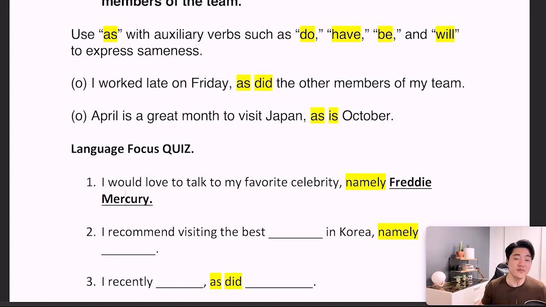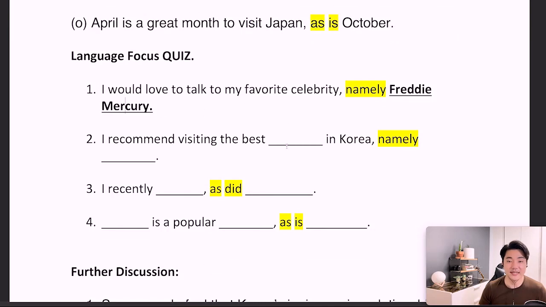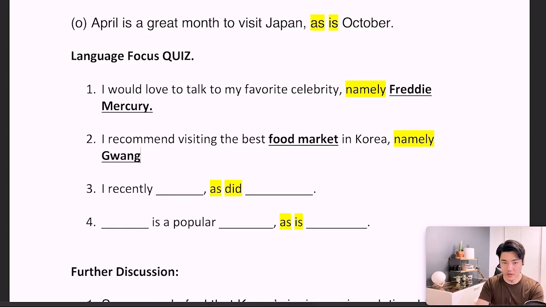Number 2. I remember visiting the best food market in Korea, namely 광장 Market. 한국에서 가장 좋은 전통시장, 다시 말해 광장시장 방문을 추천드립니다.